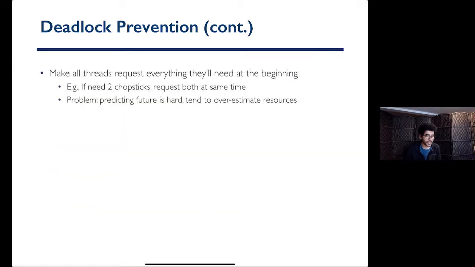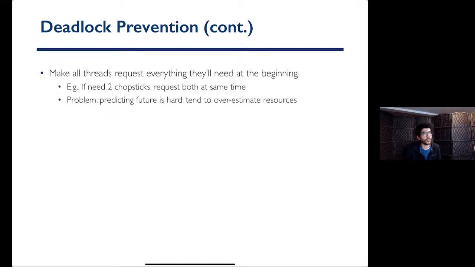The other approach that we can make is we can make threads ask for all the resources that they want at the beginning, and then they either get all those resources or they don't. So this is another way of avoiding waiting, right?